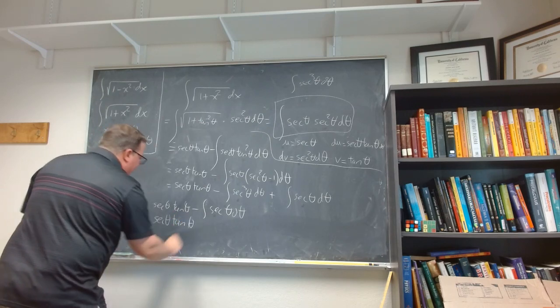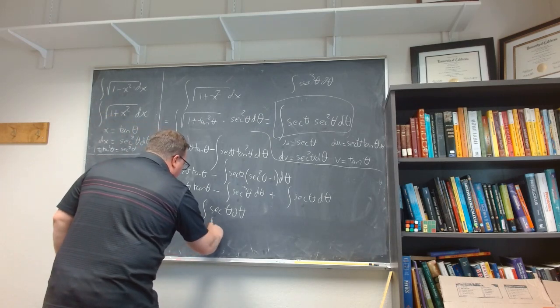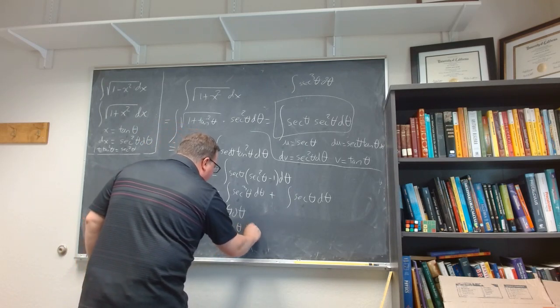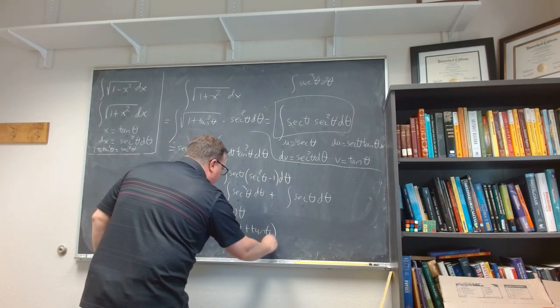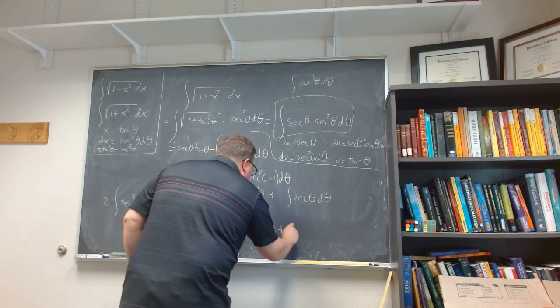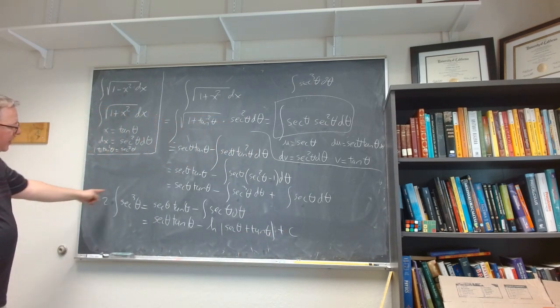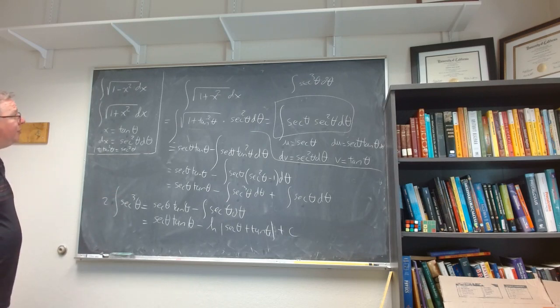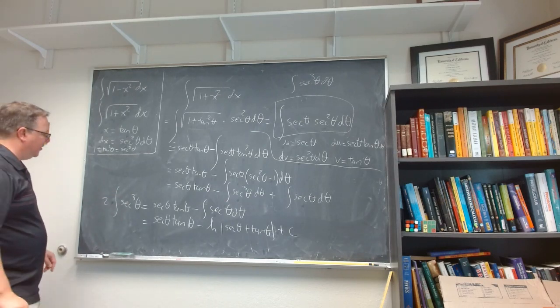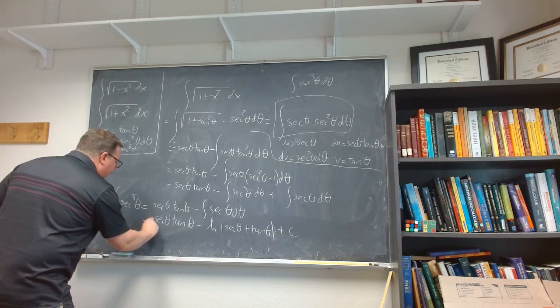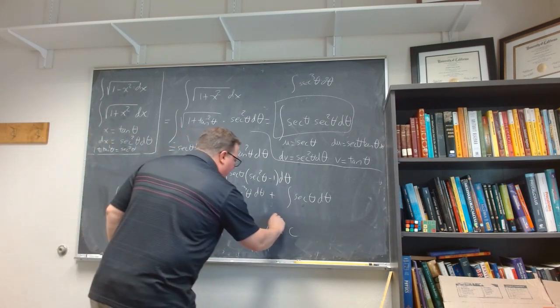But secant theta, tangent theta, here we have minus the natural log of secant theta plus tangent theta plus c. And now we just have to divide everything by 2 and find our way to back substitute. So I'm just going to move this 2 over here with a 1/2 and put a bracket around this.